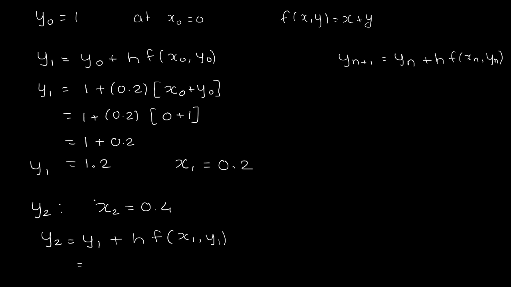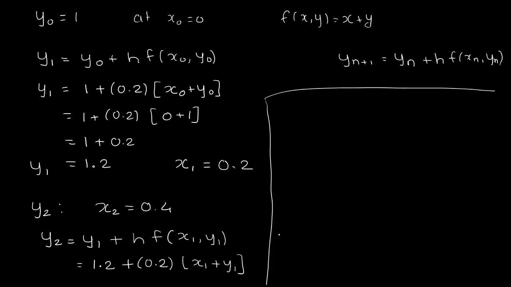The y1 value I have got is 1.2, plus h, which remains constant at 0.2, times f of x1 comma y1, which is x1 plus y1.